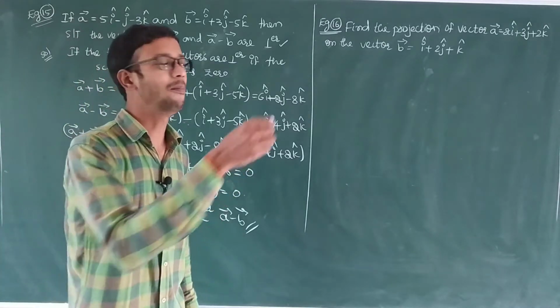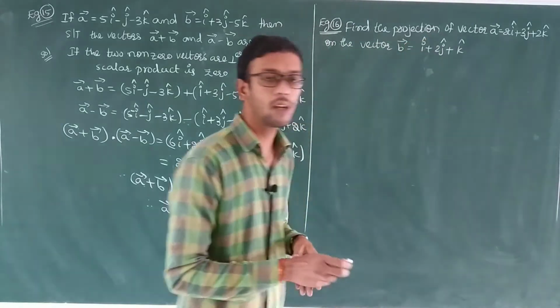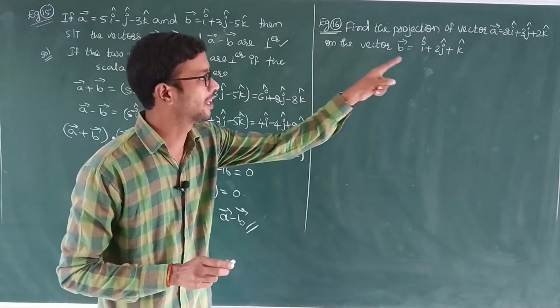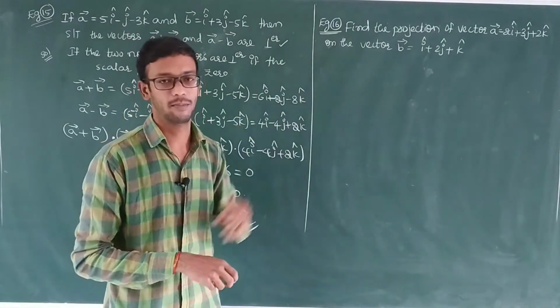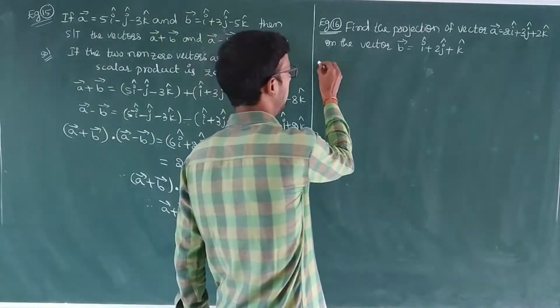Next, problem number 16. Find the projection of a vector A bar on the vector B bar. Already we discussed the projection formula. First I write the formula here.